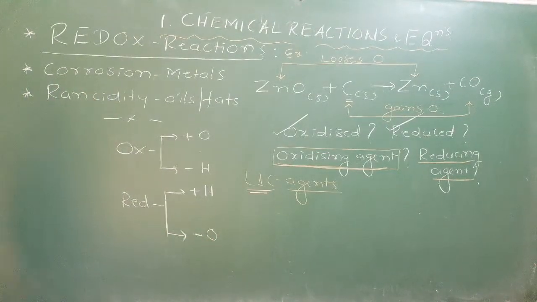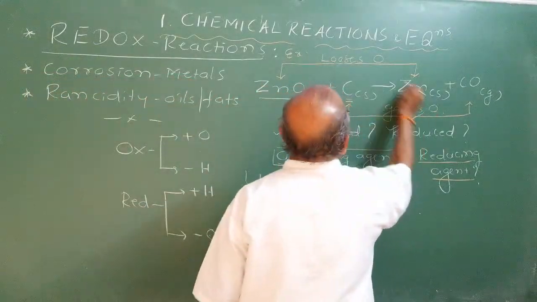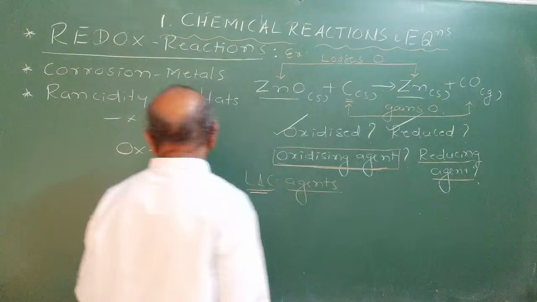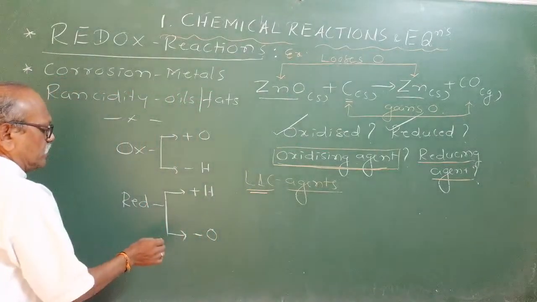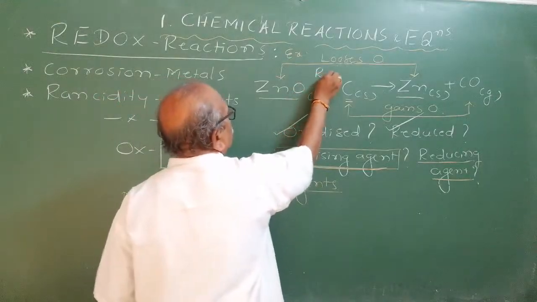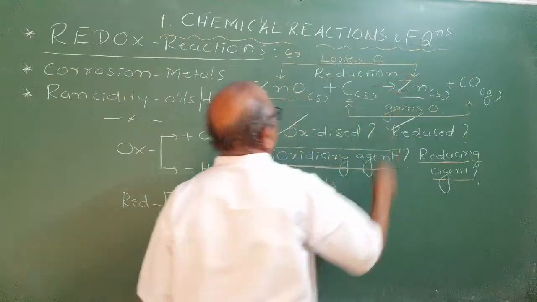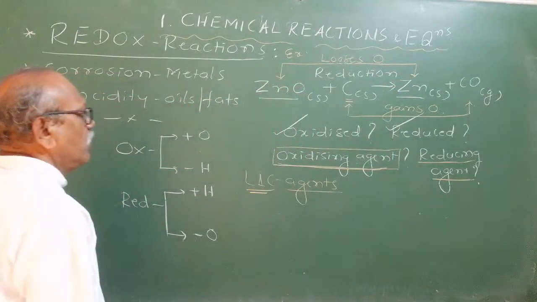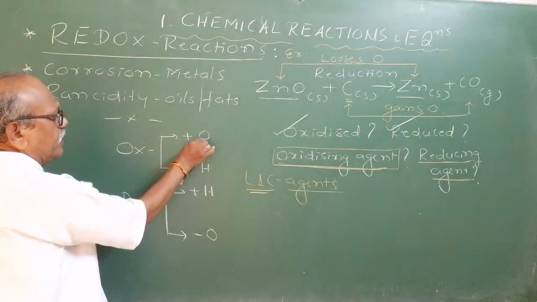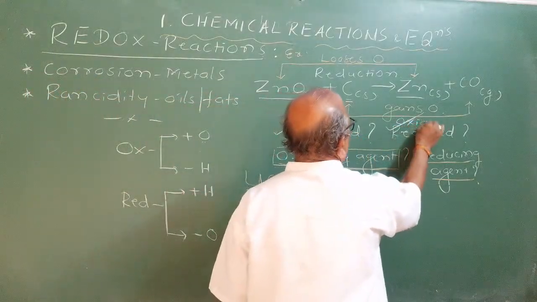Observe what happened here. Zinc oxide loses the oxygen, means removal of oxygen takes place, so this reaction is reduction. And carbon gained oxygen. Therefore, this reaction is an oxidation reaction.